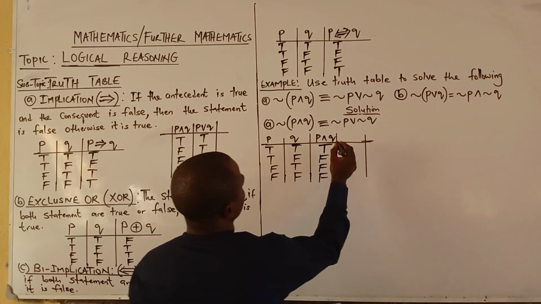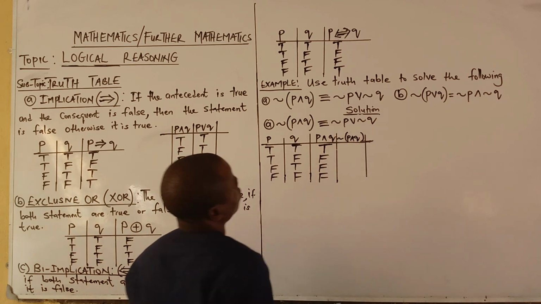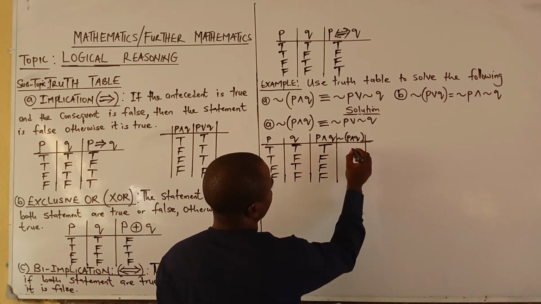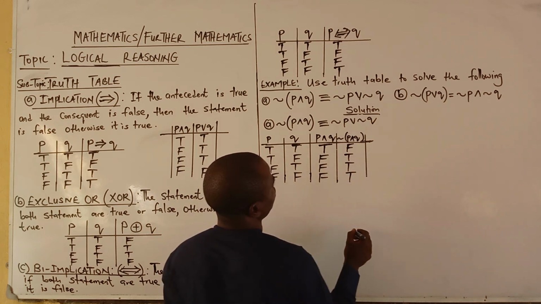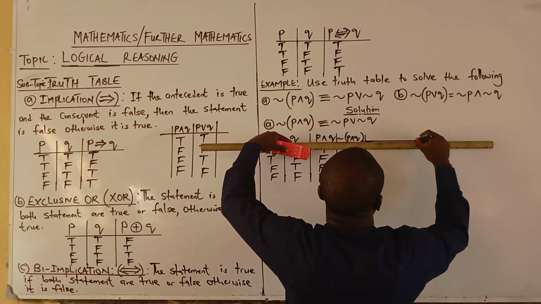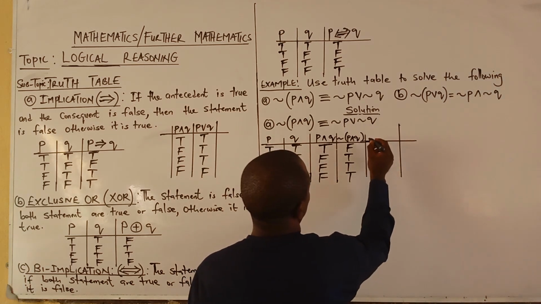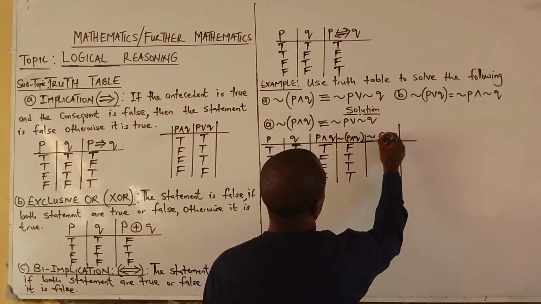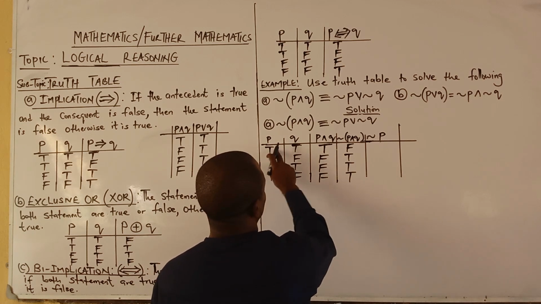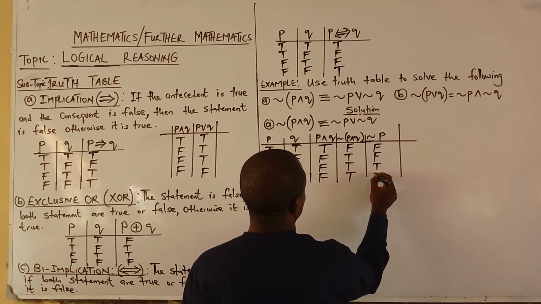Okay, now let's negate this. Negation of P conjunction Q. Negate T, false; negate false, true, true, true. Now let's get the negation of P. Let's negate this P. You're having false false true true.